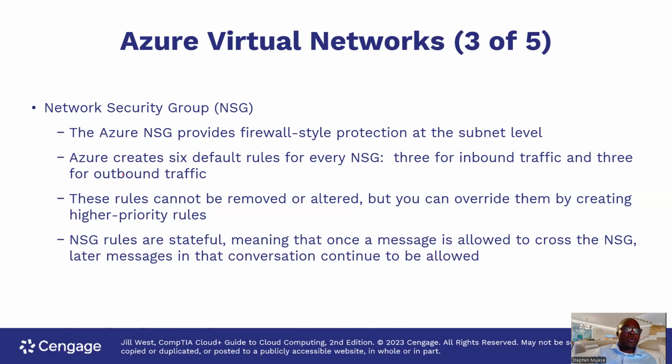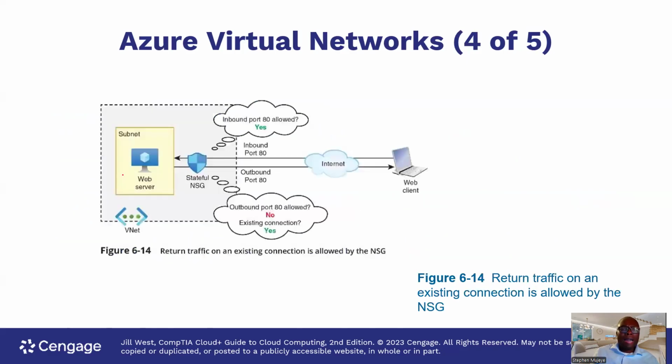And then the rules are stateful. What it means is that once a message is allowed to cross the network security group, later messages in that same conversation continue to be allowed. And then we have a diagram right here showing the NSG. So there is the stateful NSG right here, which can monitor traffic as it goes to this web server or as it leaves the web server, right?